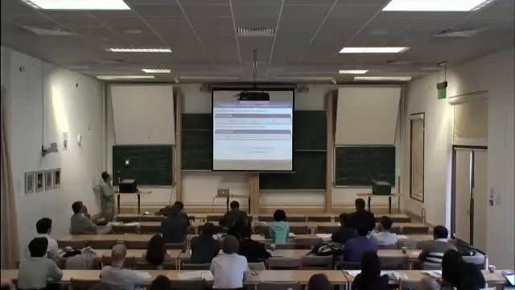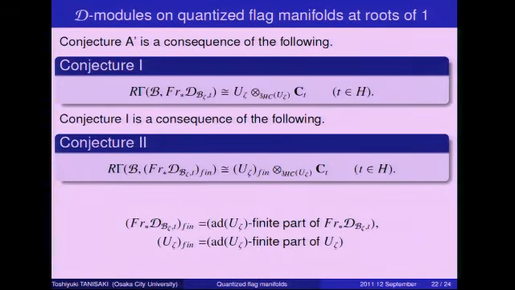Also, there is a stronger version of this conjecture about the finite part. Here I used U zeta, but I replace it by the adjoint finite part, U zeta finite. Maybe here I should consider Lusztig's form. Adjoint to U L zeta of G, the finite part, I should consider.